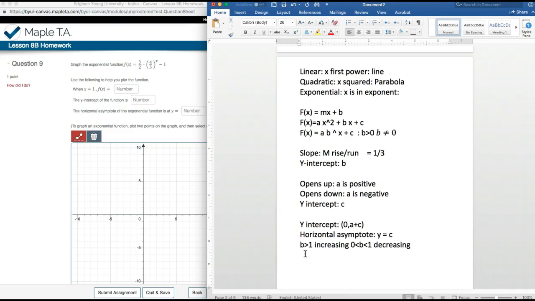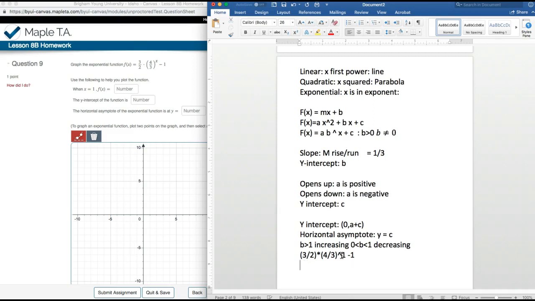Let's come down here, and it just wants us to find when x equals 1. So we'll just substitute it in. So I have 3/2 times 4/3 being raised to the first power minus 1. 4/3 being raised to the first power, it doesn't change anything, so I just end up with 3/2 times 4/3.